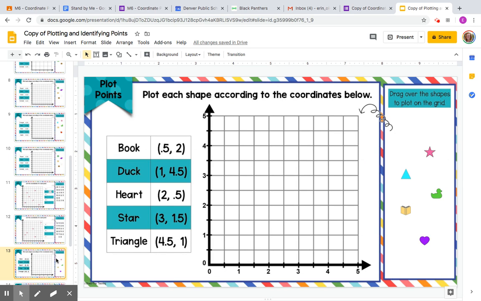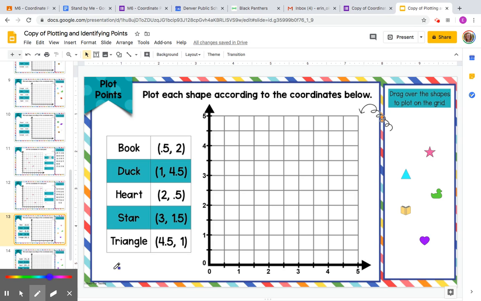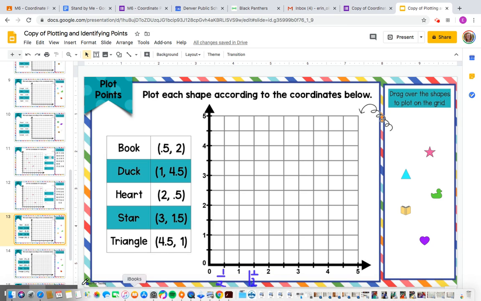I am then going to plot some more points. This time it's a little bit different because we have a little gap in between our 0 and 1, which means that this tick mark is actually 1/2, 1, 1 and 1/2, 2.